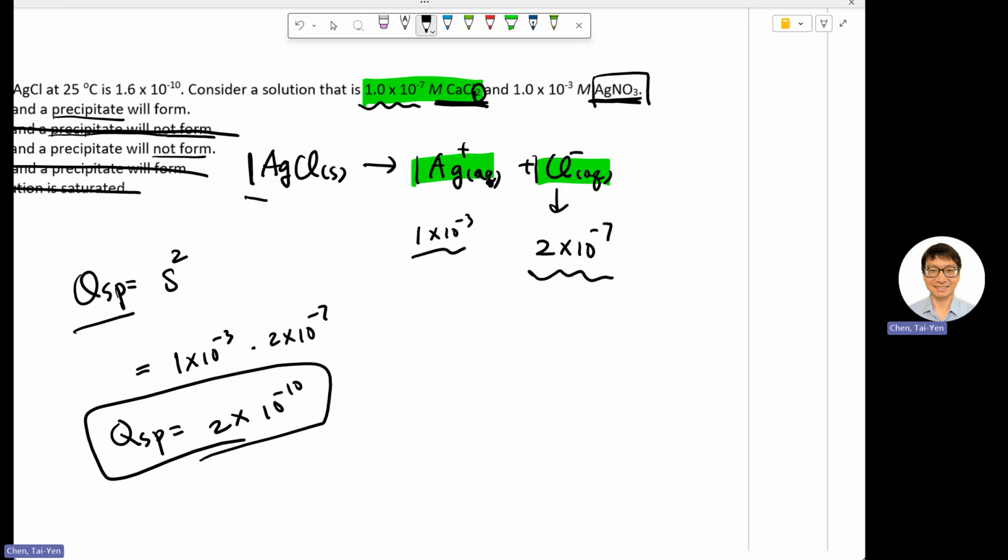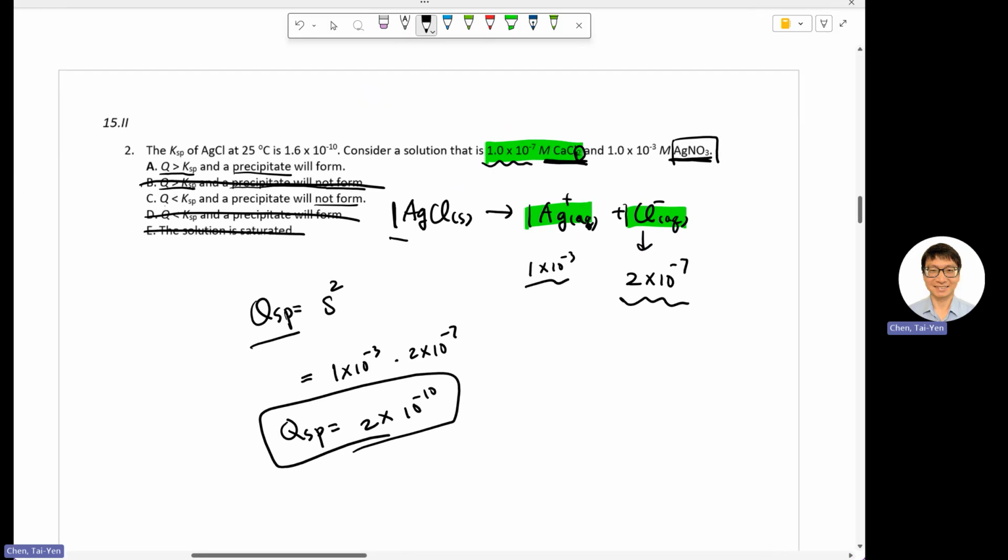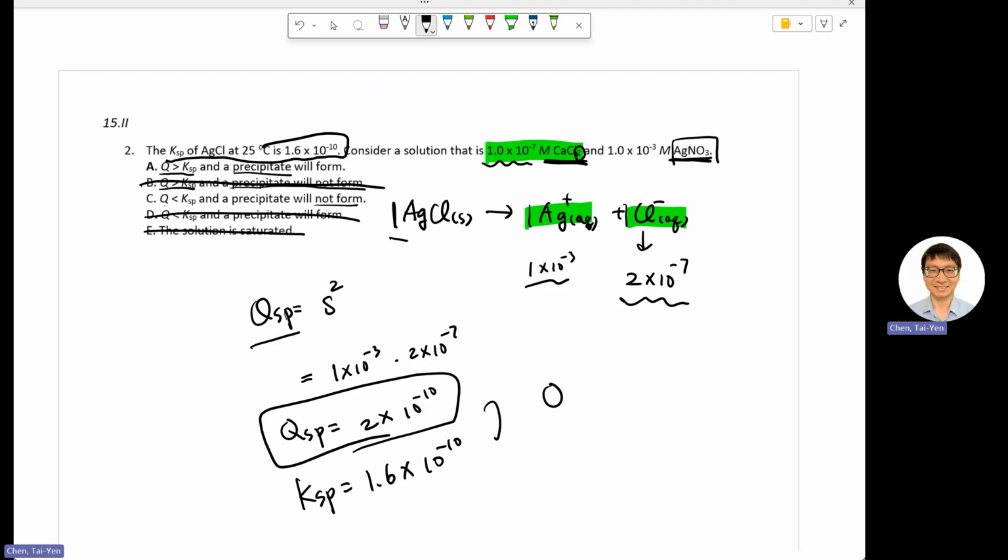Once you have your QSP, then you compare it to your KSP. Okay, we know the KSP is equal to 1.6 times 10 to the negative 10. Then compare these two, and you know your QSP is larger than your KSP. Therefore, you are going to have a precipitate. Therefore, the answer will be A. Okay?